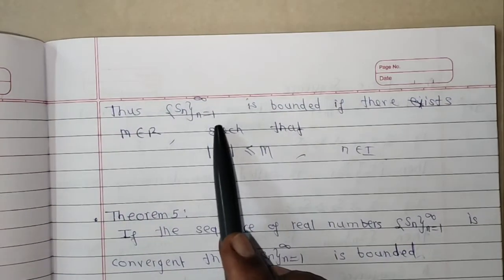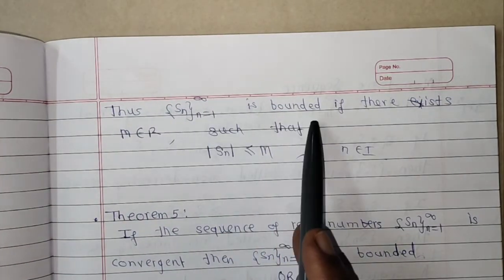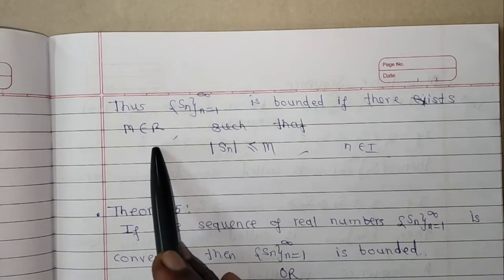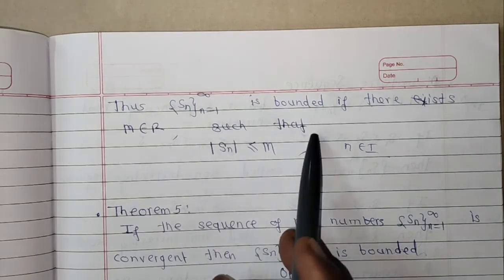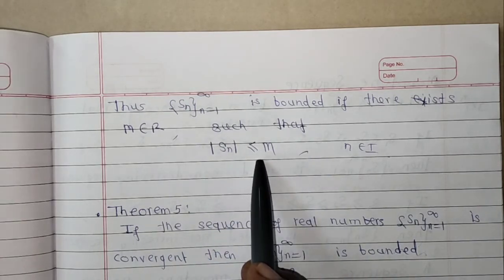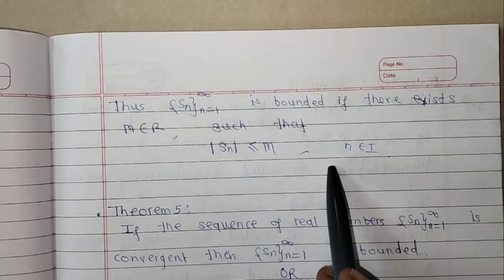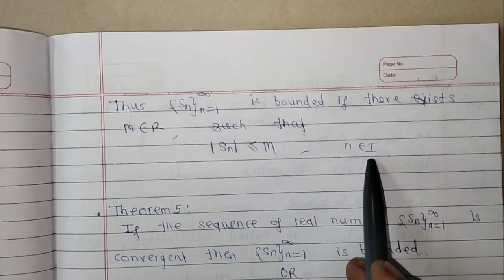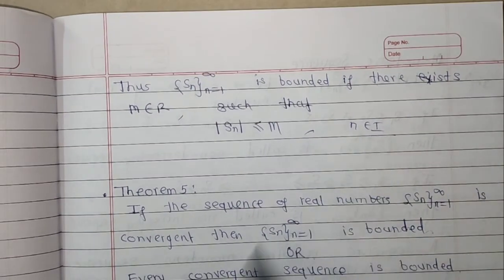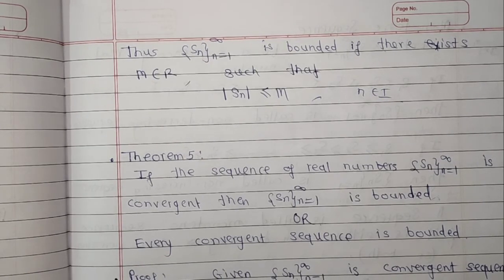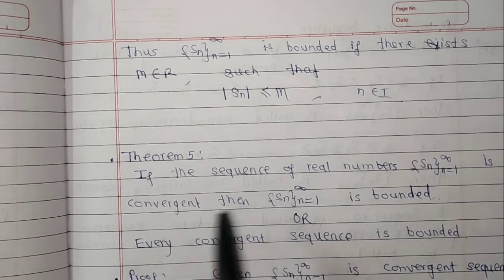Thus, a sequence Sn, n going from 1 to infinity, is bounded if there exists m belongs to R such that modulus of Sn is less than or equal to m for all n belongs to I. In this definition, we have considered bounded above, bounded below, and finally bounded sequence.